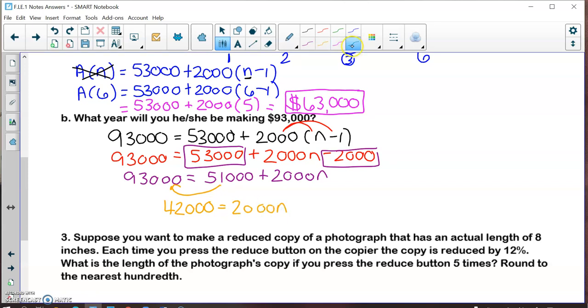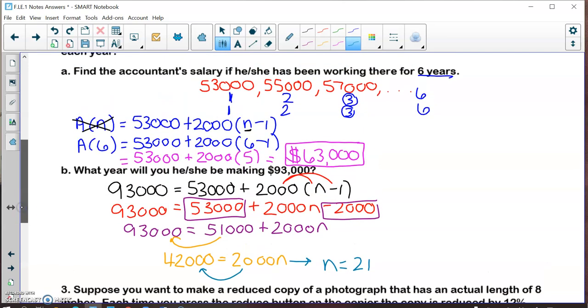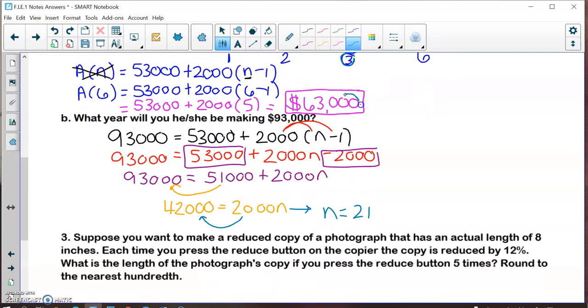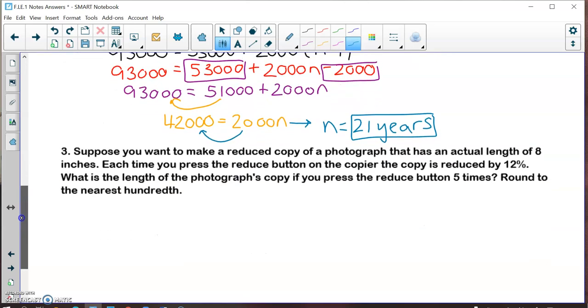And then I'm going to divide by 2,000. And I wind up with n is equal to 21, which represents our term number. And again, since the term number equals the amount of years, then that is our answer, 21 years. So in 21 years, this accountant would be making $93,000.